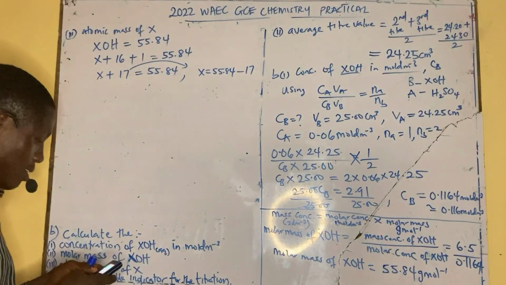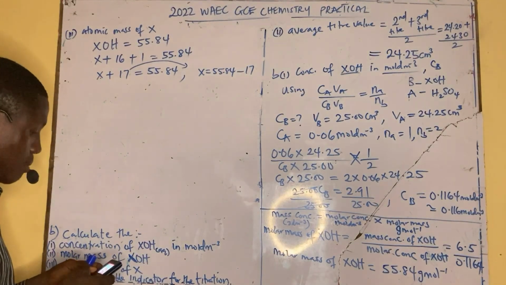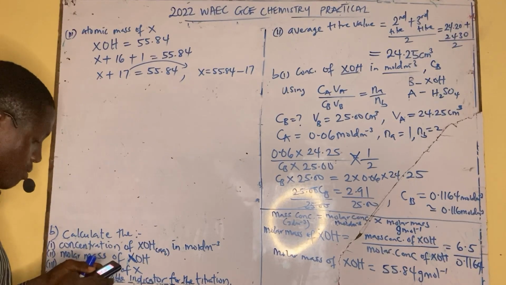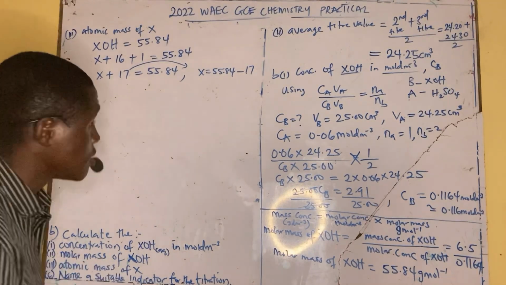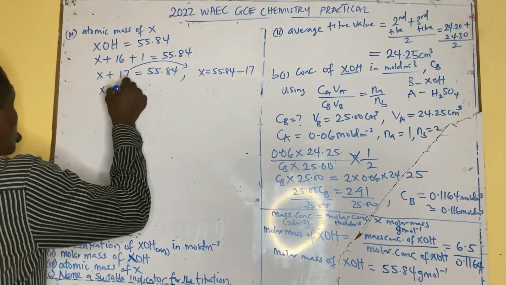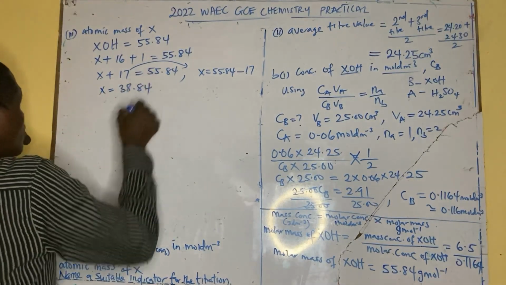55.84 minus 17, we have 38.84. So X is 38.84.